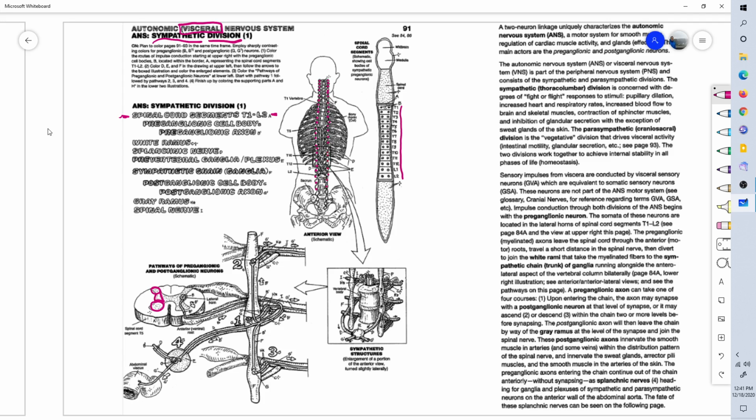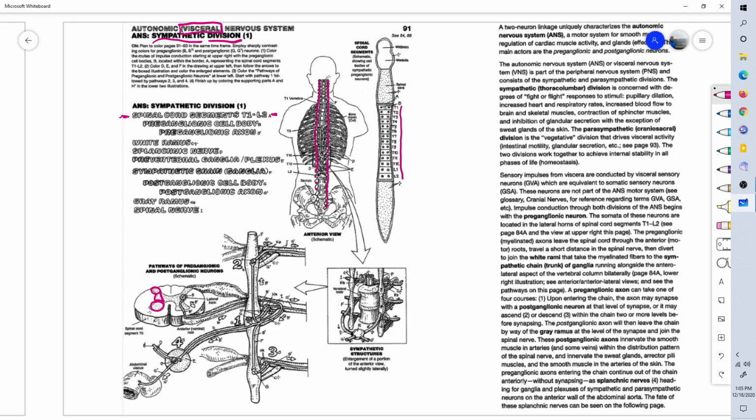Each of these bulbs is connected. The ganglia are all connected by what is known as the sympathetic chain. All these little bulbs are connected above T1 and below L2 even.